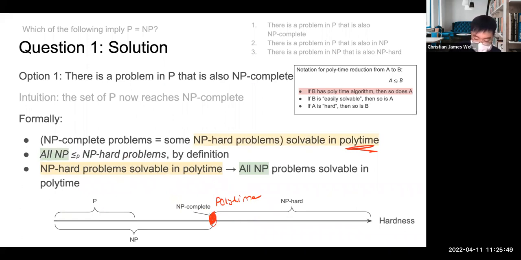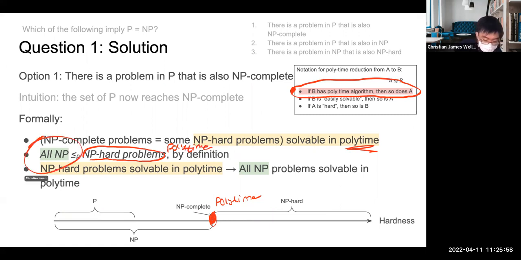By this statement over here, if the NP-hard problem is solvable in polytime, that means all the problems in NP are also solvable in polytime. I'll say that again. First of all, we assume that there's a problem in P that is also NP-complete. So that particular problem, which also happens to be NP-hard by definition of NP-complete, is now solvable in polynomial time.